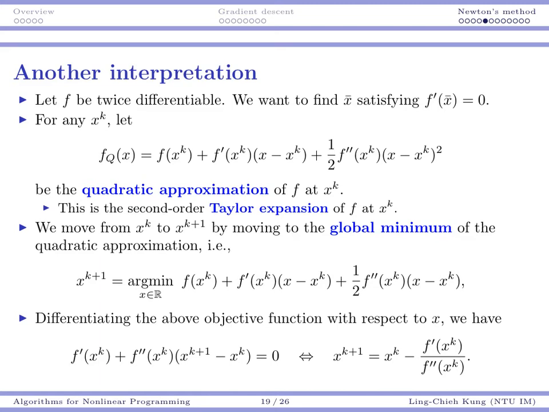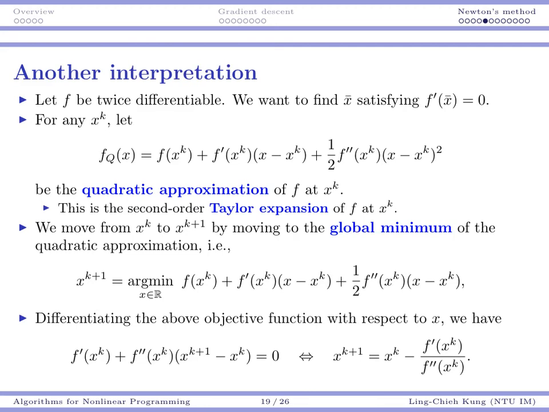And then I'm going to solve that quadratic function by moving to the global minimum of the quadratic approximation. So that means given xk, my xk plus 1 is the optimal solution for the quadratic function. Okay, and that means I want to find x to minimize this quadratic approximation.